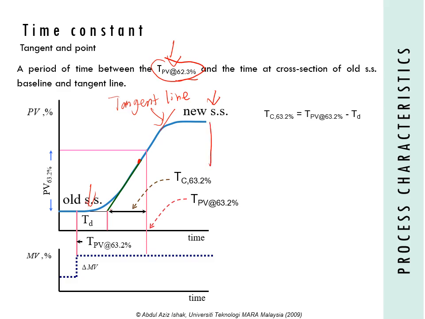You need to find the difference between the new steady state baseline and the old steady state baseline, or delta y.